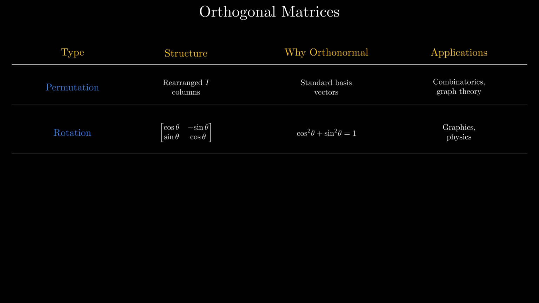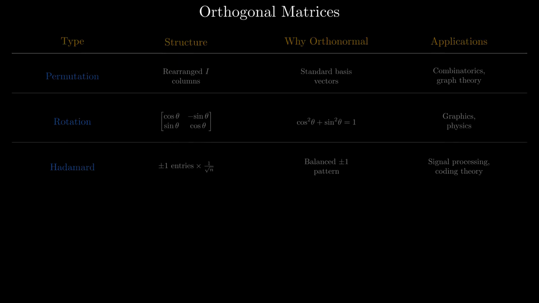Rotation matrices appear in computer graphics and physics. Third, Hadamard matrices. The structure consists of +1 and -1 entries scaled by 1 over the square root of n. They are orthonormal because of their balanced pattern of +1s and -1s. Hadamard matrices appear in signal processing and coding theory.